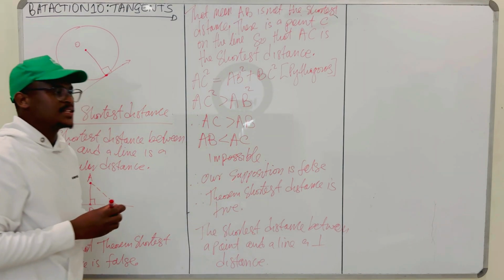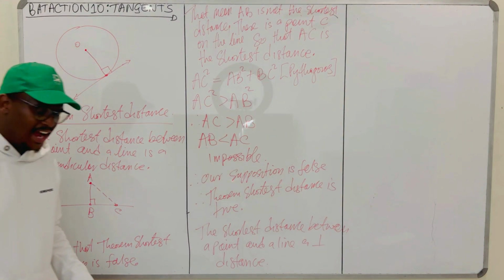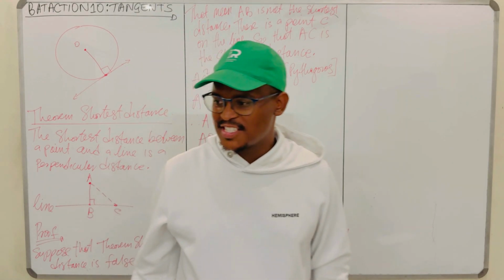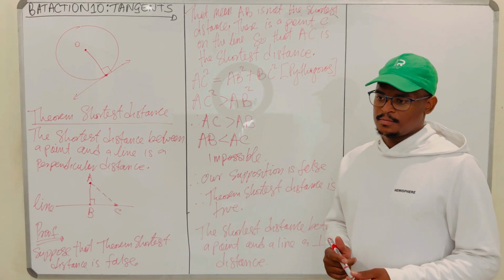I'm not sure if this does make sense. So if you have a point and a line and you are asked to find the shortest distance, you should always know that the shortest distance is the perpendicular distance.